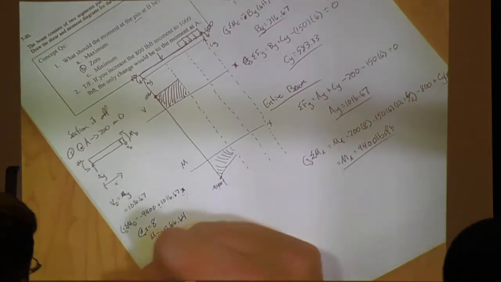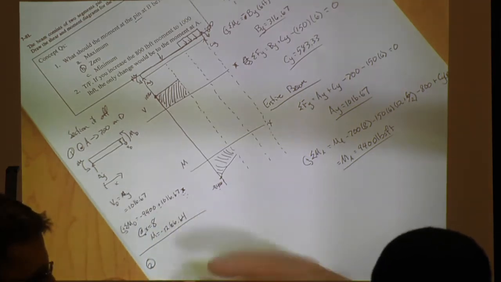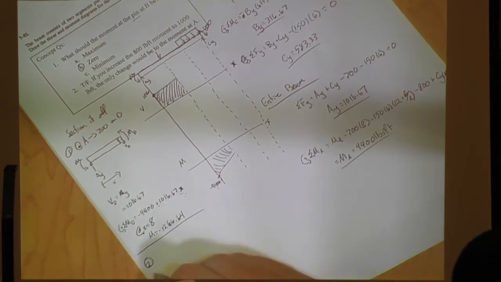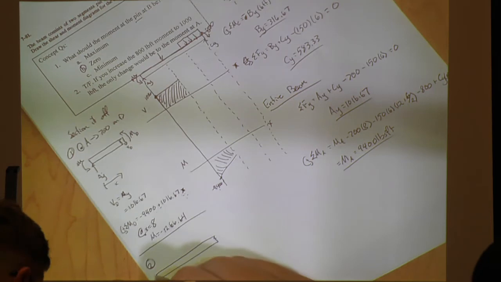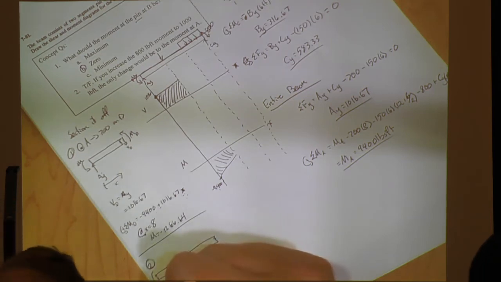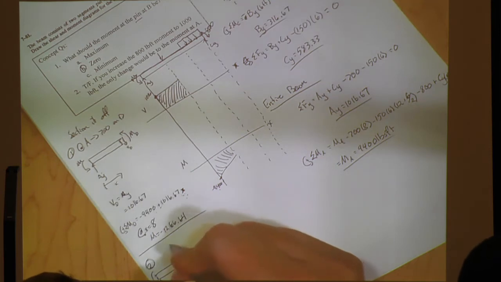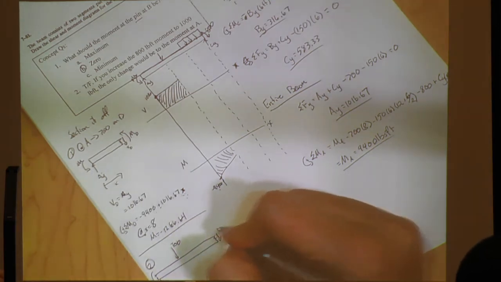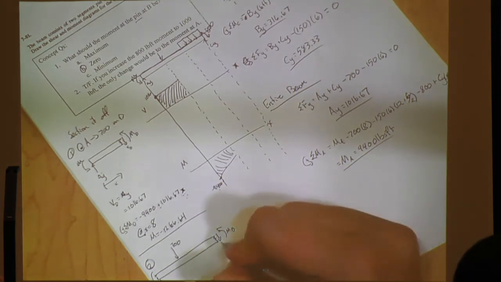All right, so now we're going to go on to the next section, and we're going to go out to the start of the distributed load. So we have our moment, we have our reaction, we have our 700, and then we have our shear and our moment at the end. And this is going to be B and VB.